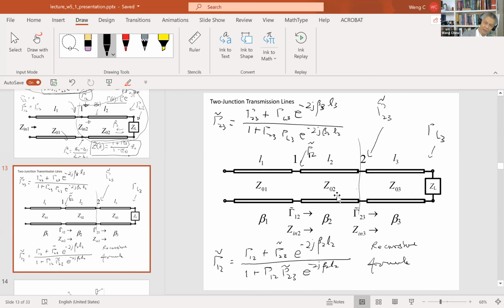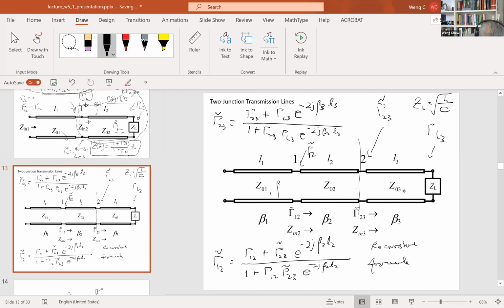Those are the Z01, Z02, Z03, and if you remember, Z is the square root of L over C. So it depends on the line capacitance as well as the line inductance. Each line will have a different line capacitance and line inductance. Hence, their Z's can be different.